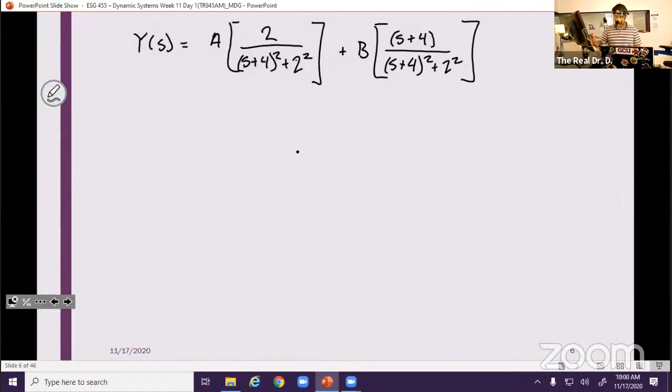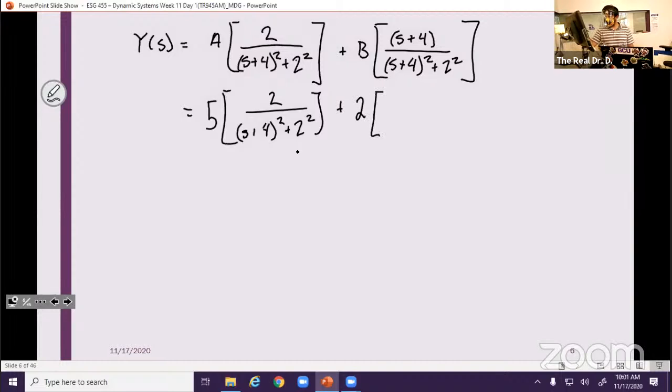This is the equation we had on the last page. I'm just going to plug in a and b. So this is 5 times 2 over s plus 4 squared plus 2 squared, plus 2 times s plus 4 over s plus 4 squared plus 2 squared.